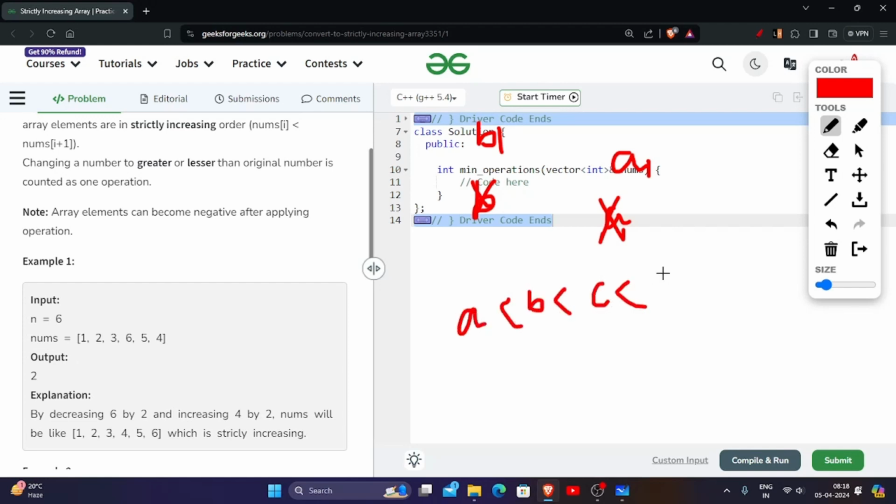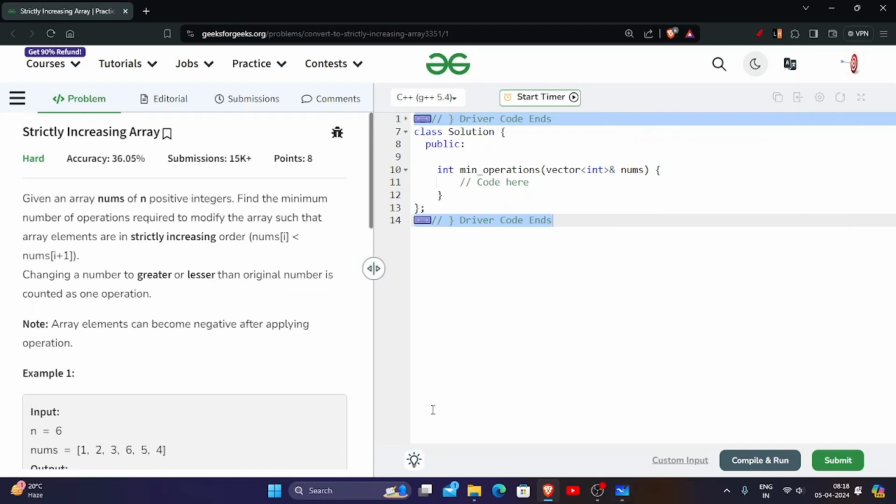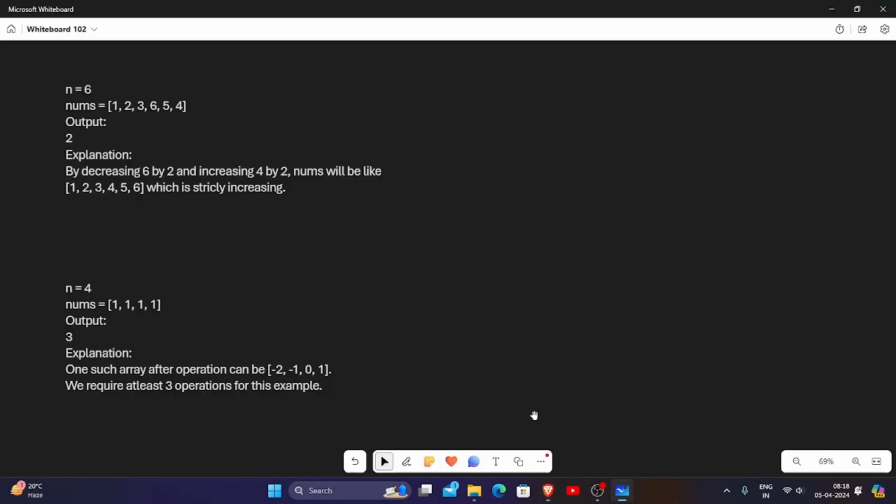That is, a is less than b, less than c, less than d, and there should not be any equality, such that b cannot equal c, because this is not strictly increasing. So we have to apply the minimum operations such that we can formulate, not a subsequence, an array which is strictly increasing. So let's look at the example test case.